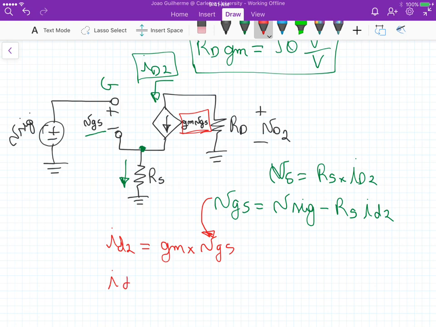So ID2 is equal to gm, and this gm is the 2 milliampere per volt that we have, times this signal minus Rs ID2.